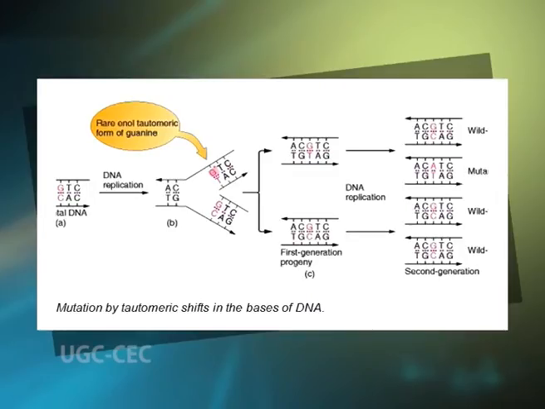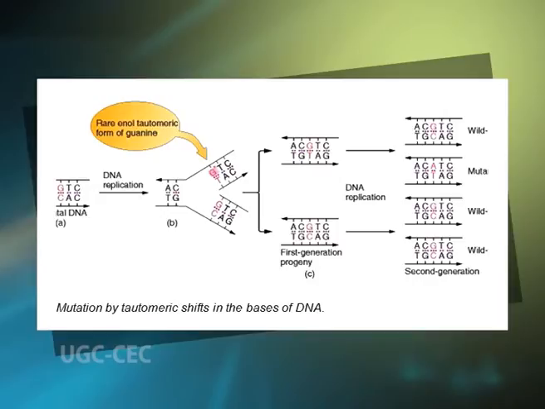The appearance of the AT pair represents a GC-AT base pair transition. The same process is also seen in the DNA double helix as shown in the figure. In this figure, you can see the mutation by tautomeric shifts in the bases of DNA. In this, a guanine undergoes a tautomeric shift to its rare enol form, which is represented by G asterisk, at the time of replication.